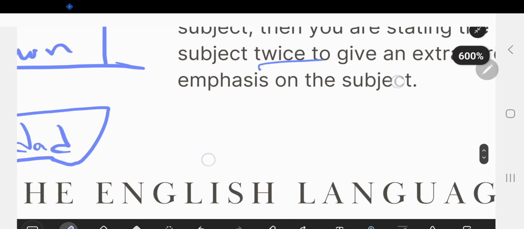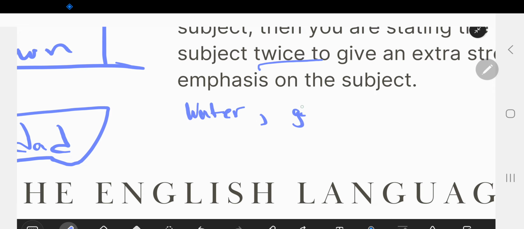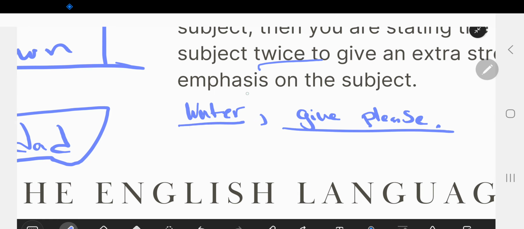So, for example, if I went up to a waiter and I say 물, water, give me, 물 주세요, give me please. 물 주세요, give please. And that'll be okay, right? 물 주세요. 물 is water.